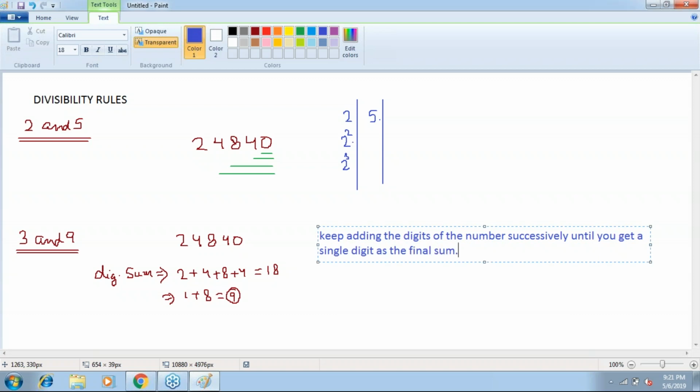The thing we did with 24840: we added all the digits, we got 18, we further added 1 and 8 until I got a single digit, which was 9.